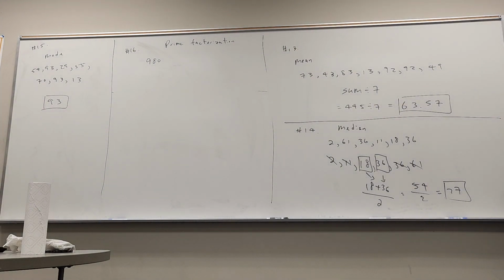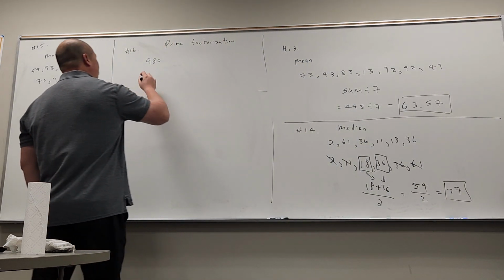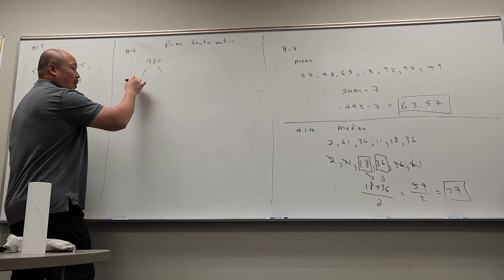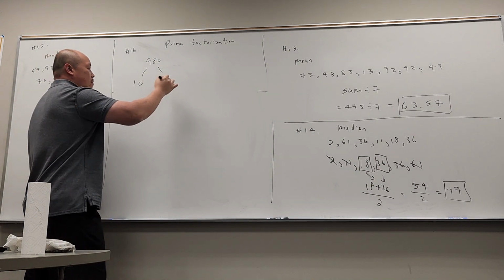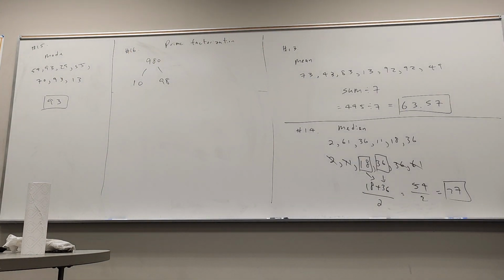For this number, you just have to figure it out with a factor tree. So the tree is going to be like this. I know that 980 can be divided by 10. Anytime there's a 0, I just use 10. It's a lot easier that way.